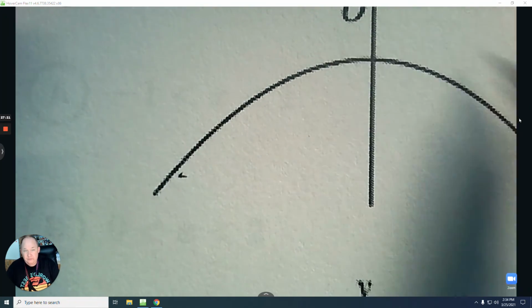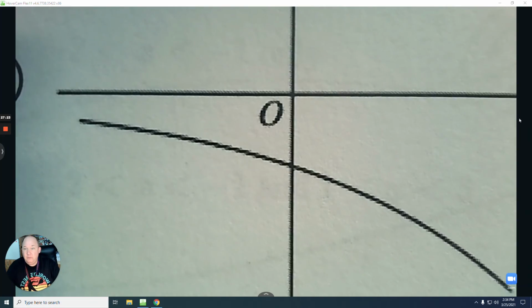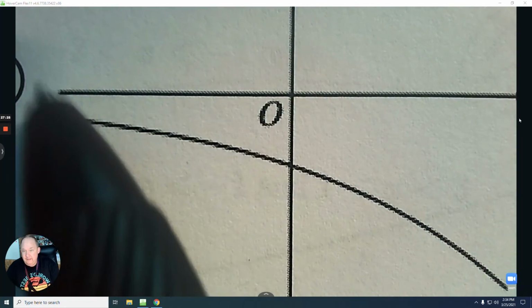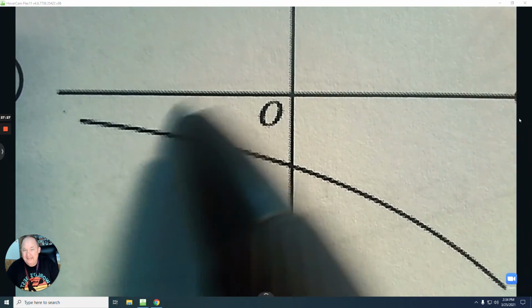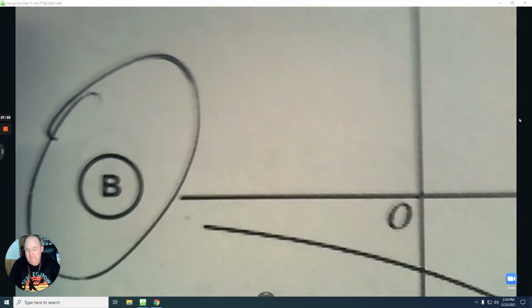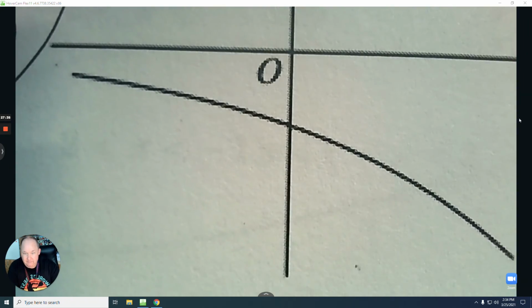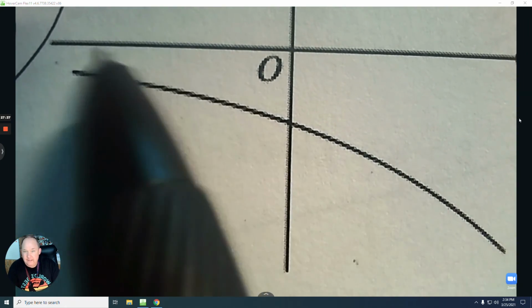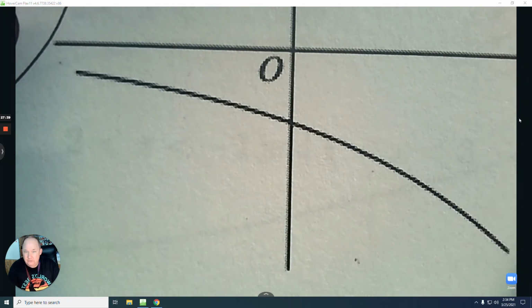Because it increases and decreases. This one needs to be below, it needs to be decreasing, and it needs to be concave down throughout. That is the correct answer. So the correct answer is B. The function is negative, it's decreasing, and it's concave down. B is the one that matches.